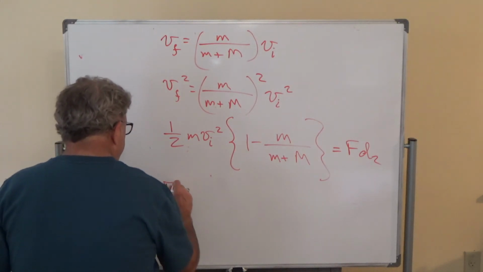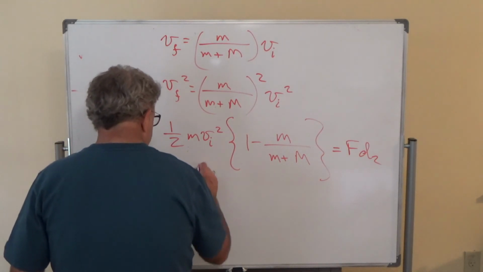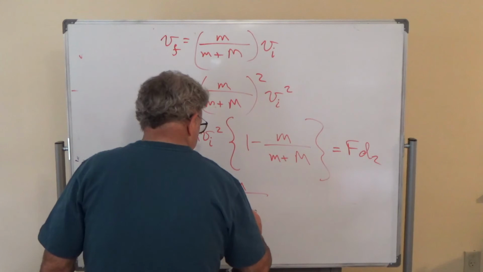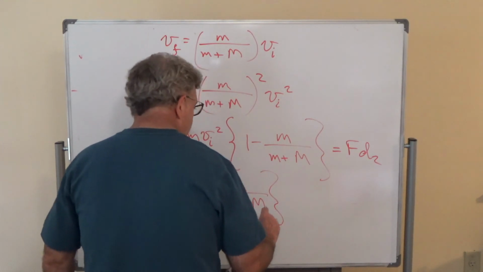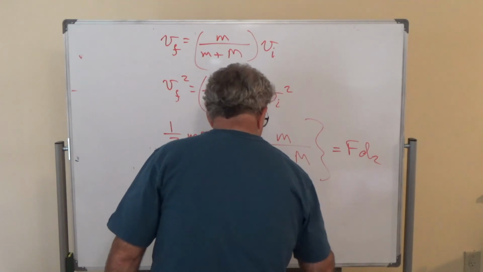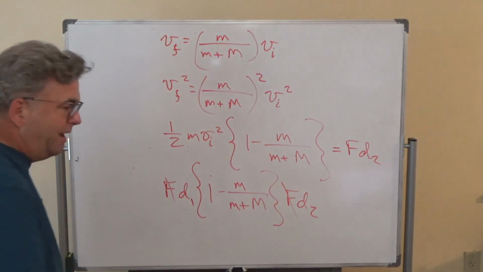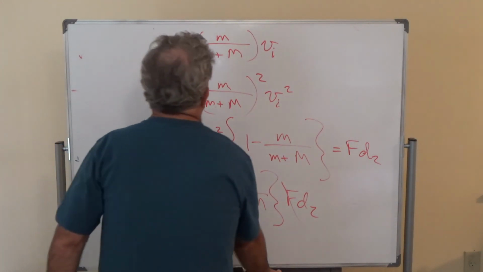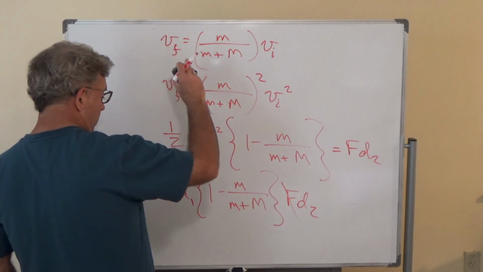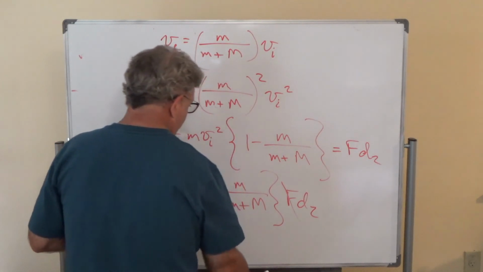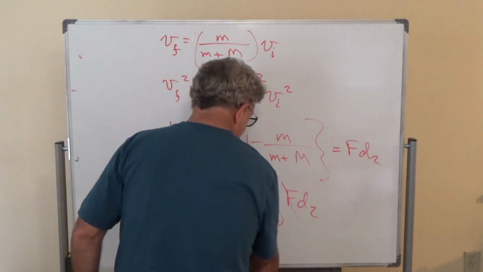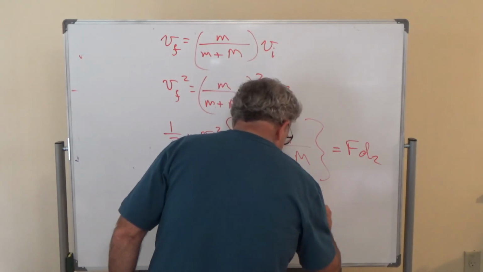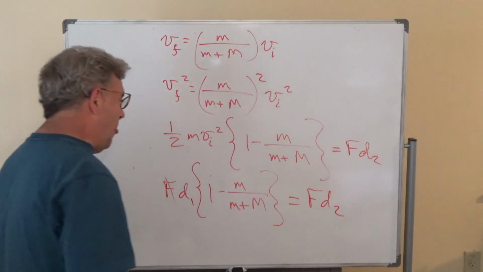So you get F D1 times 1 minus little m over little m plus big M equals F D2. We're assuming that that average force in both cases was the same. I left out the equals sign. That's a really silly mistake.